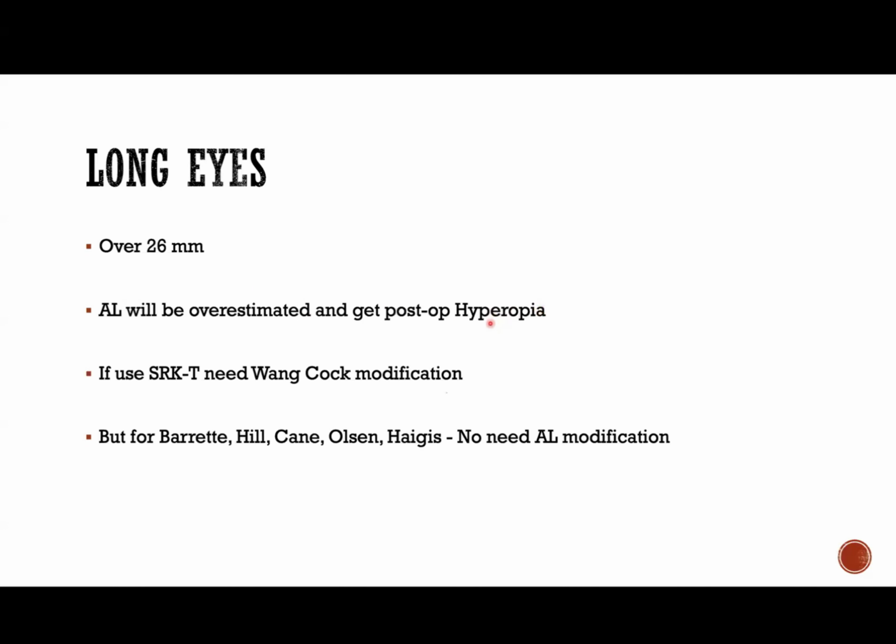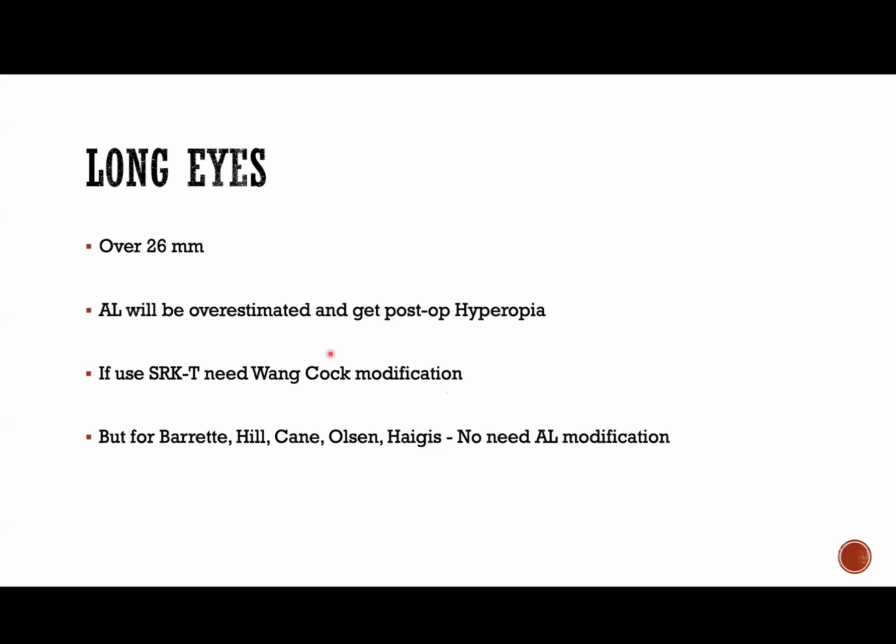So therefore, until recently, there was a recommendation called the Wang-Koch modification. Those are two US eye surgeons, Li Wang and Douglas Koch. They made the modification. You can get it through the internet, the Wang-Koch modification.